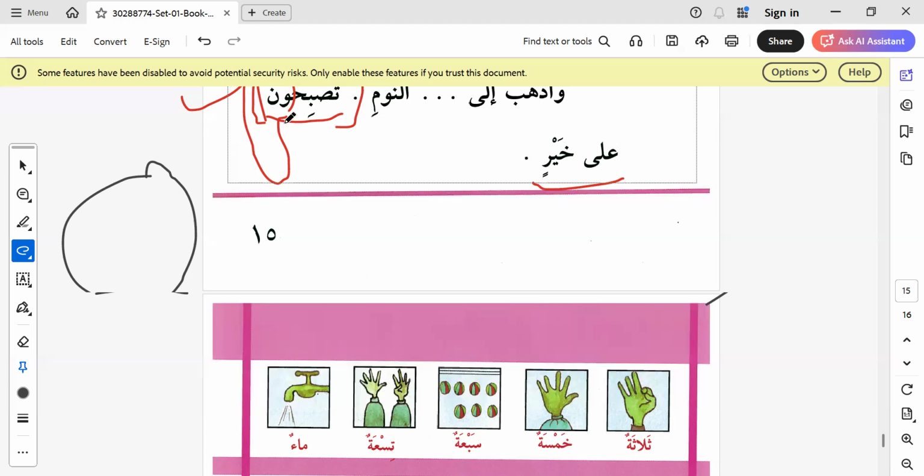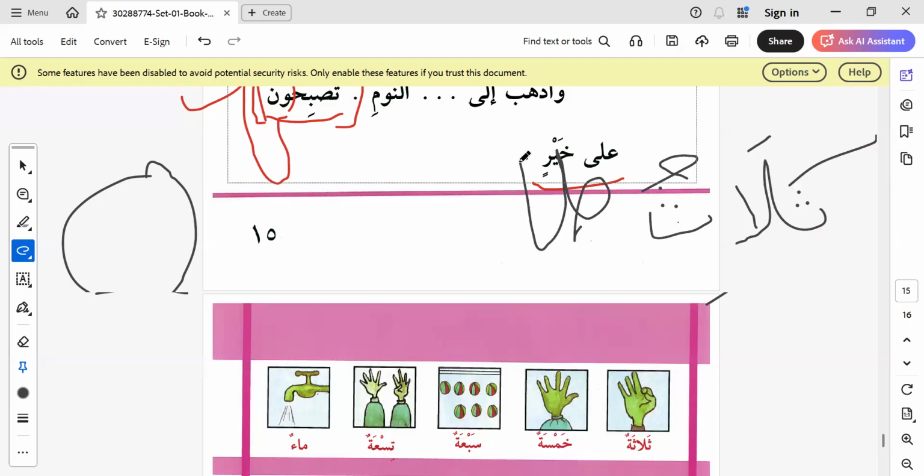Okay. So we say ثلاث طالبات. Now that's what we have here.